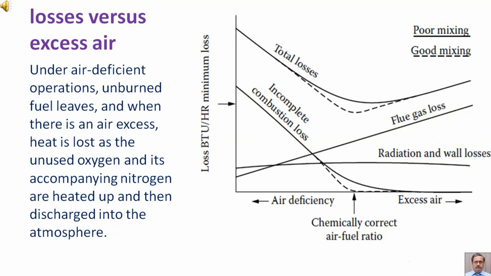Under air deficient operations, unburned fuel leaves, and when there is an air excess, heat is lost as the unused oxygen and its accompanying nitrogen are heated up and then discharged into the atmosphere.